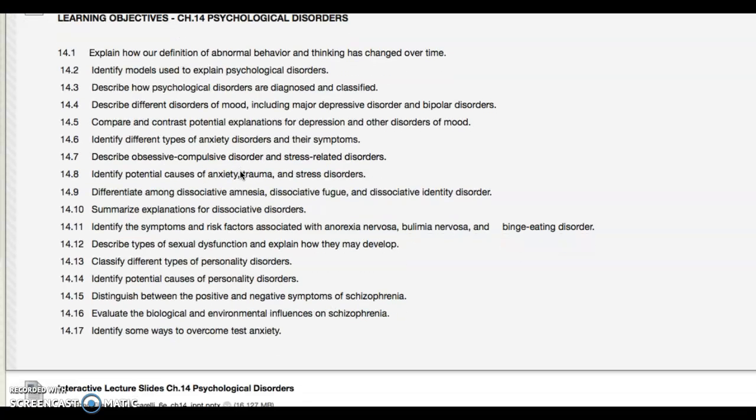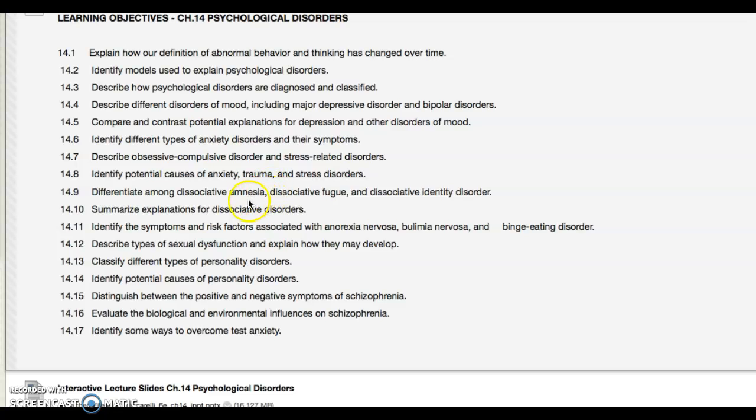Then we'll take a look more specifically and spend a little more time on obsessive compulsive disorder, or OCD, and stress-related disorders. And a lot of that can be due to trauma, different triggers in the environment. So we'll look at some potential causes of that.